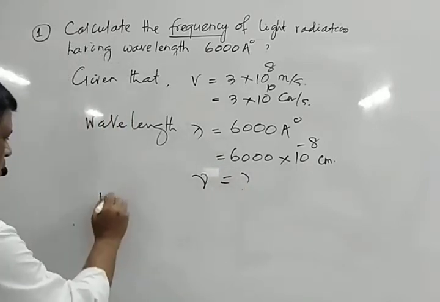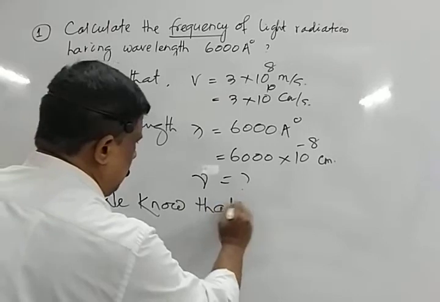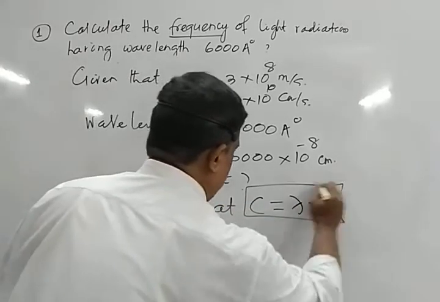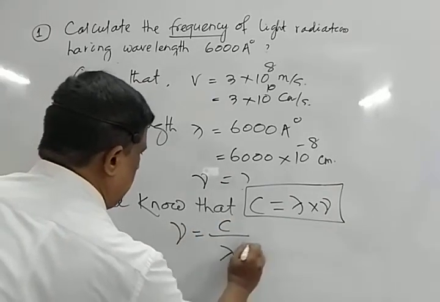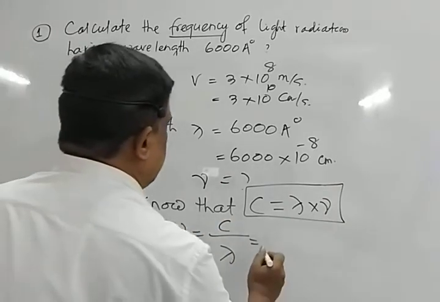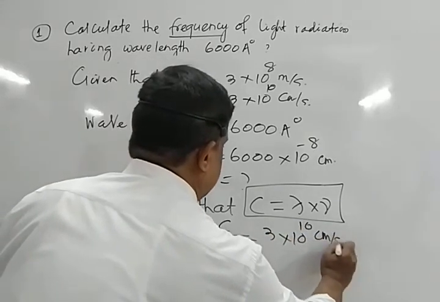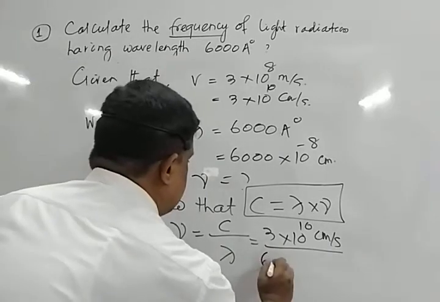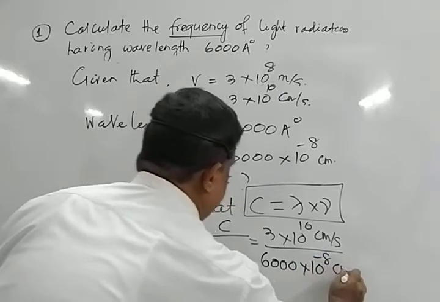We know that velocity is equal to frequency into wavelength. So frequency is equal to velocity by wavelength, that is 3 into 10 to the power 10 centimeter per second divided by wavelength 6000 into 10 to the power minus 8 centimeter.